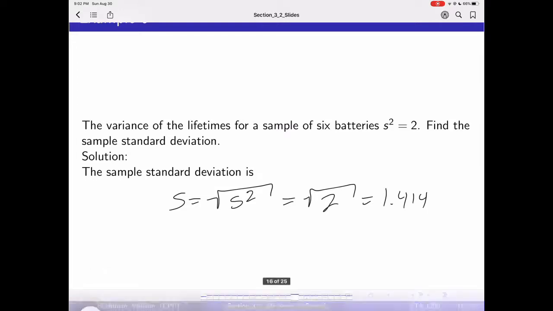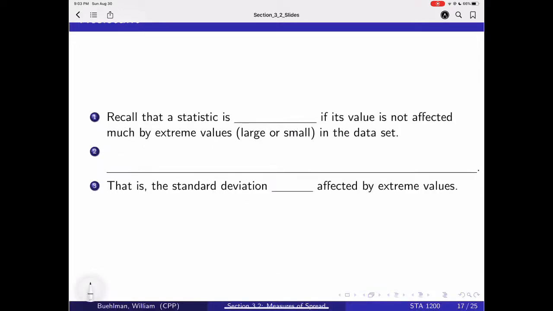I want you to recall resistance. Recall a statistic is resistant if its value is not affected much by extreme values, either very large values or very small values.